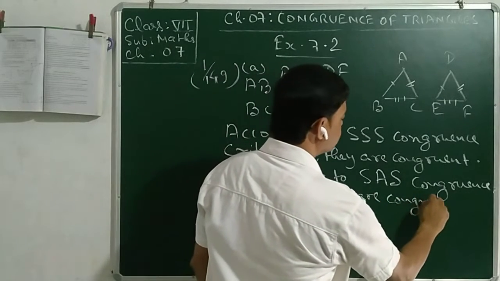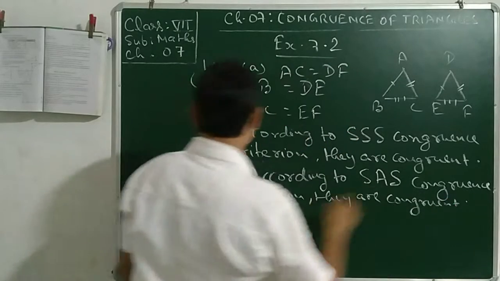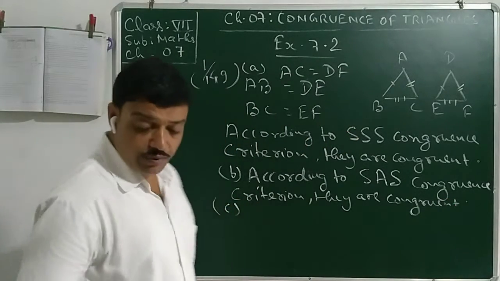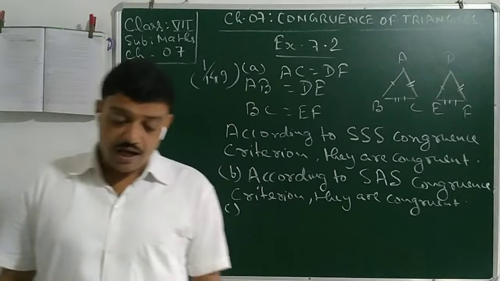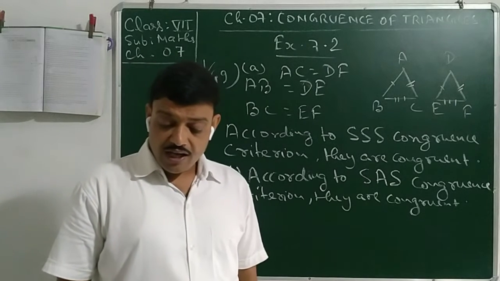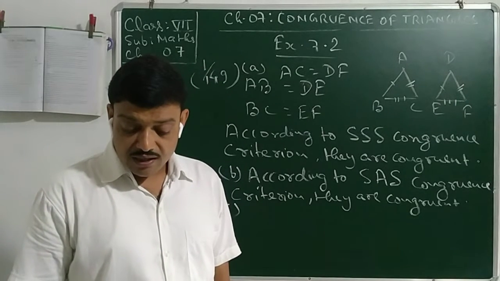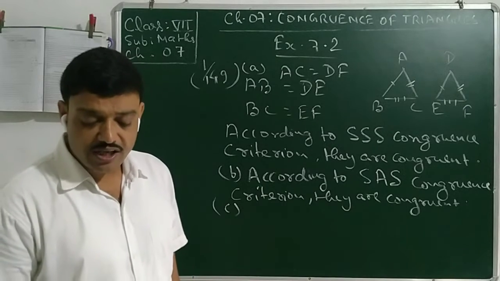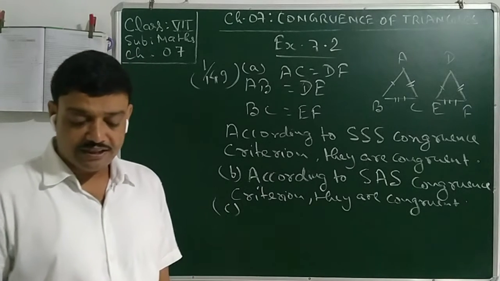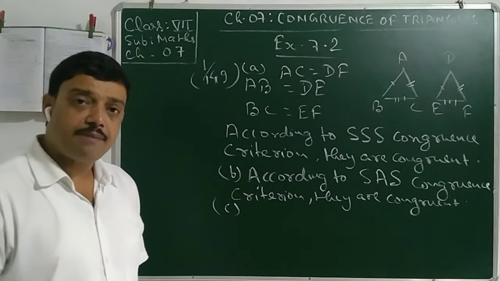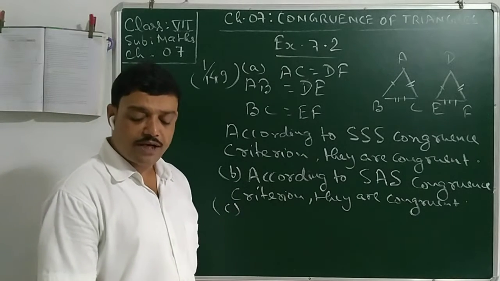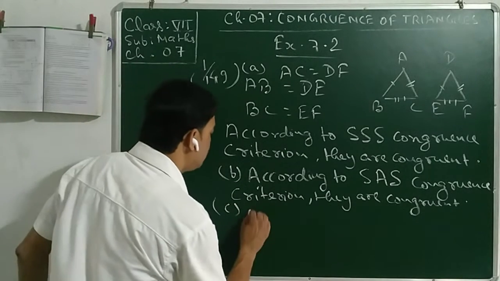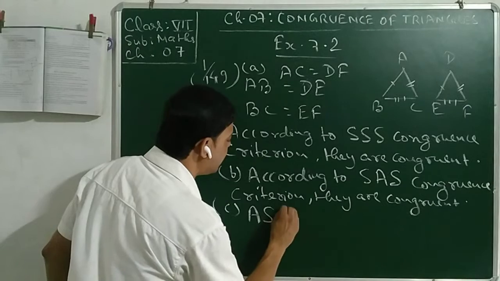Similarly, in part C, you will get triangle LMN and triangle GFH given there. Two angles are given and one side included between. So this condition will be angle, side, angle.